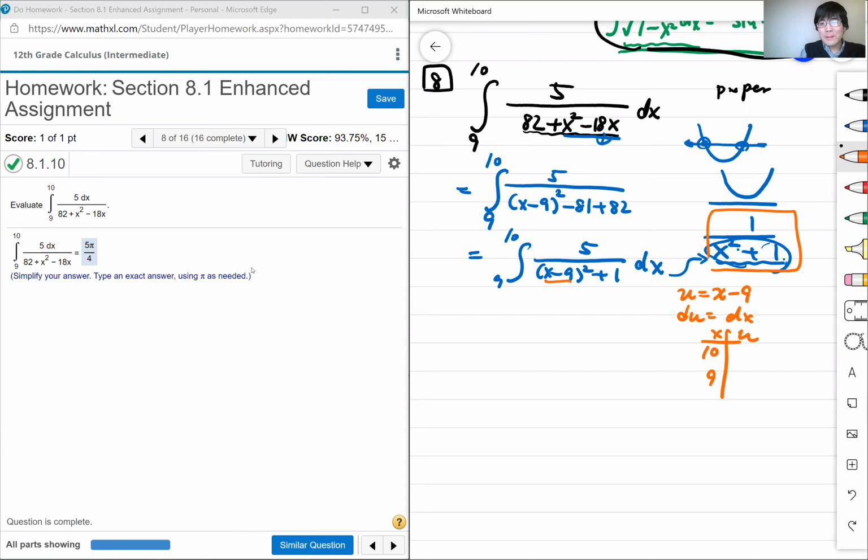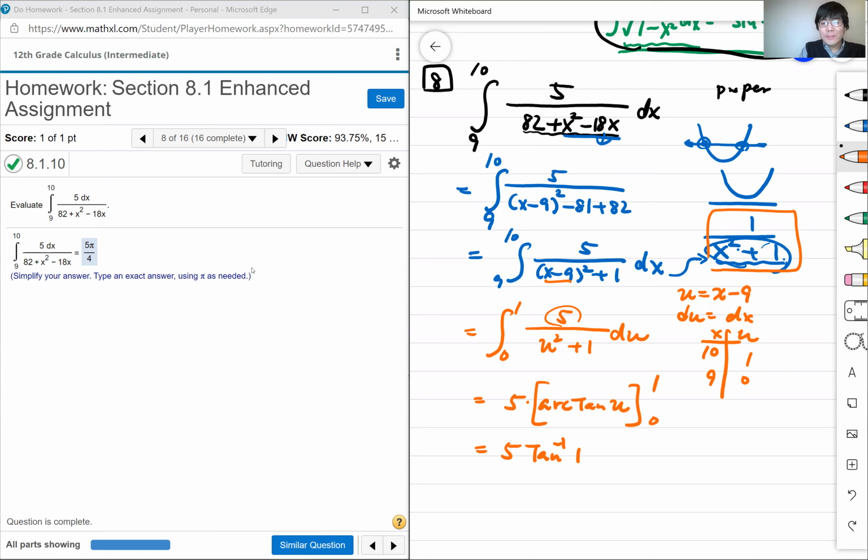And when x is 9 and 10, u becomes 0 and 1. So it's going to be the integral from 0 to 1 of 5 over u squared plus 1 du. 5 is just a constant, so you can just leave it as 5 times arctangent of u, from 0 to 1.